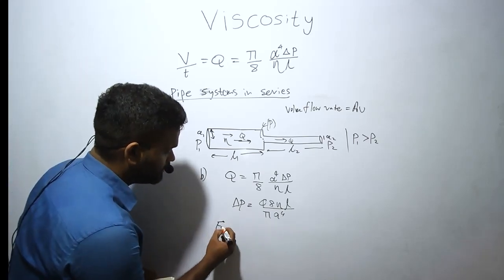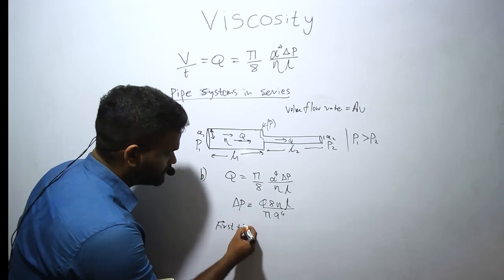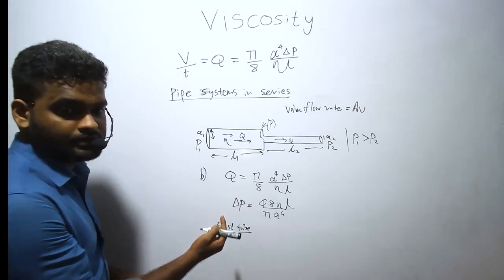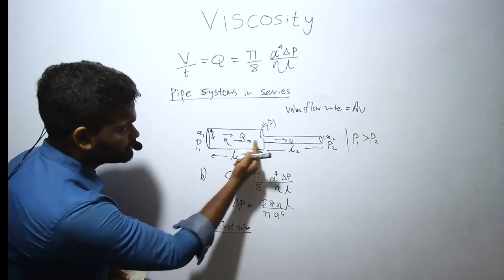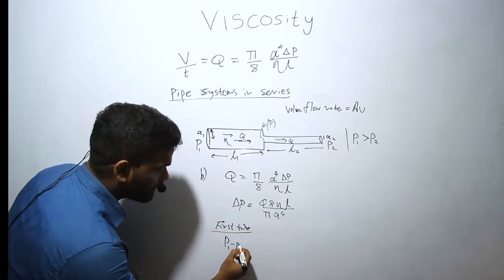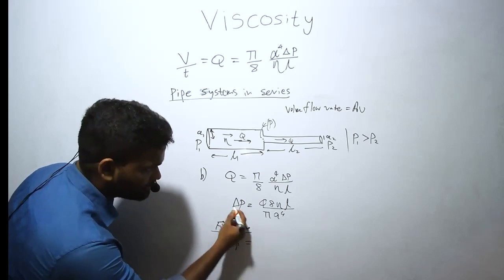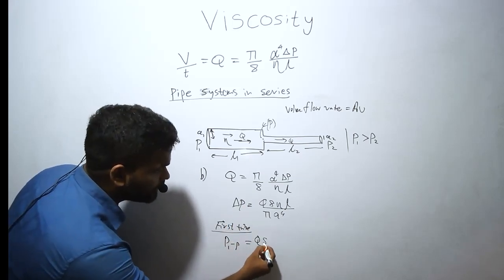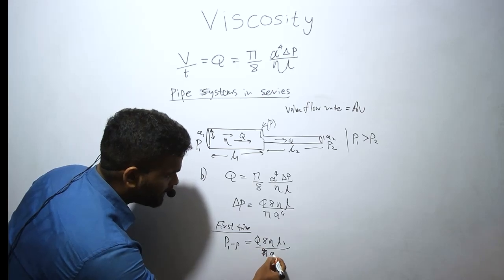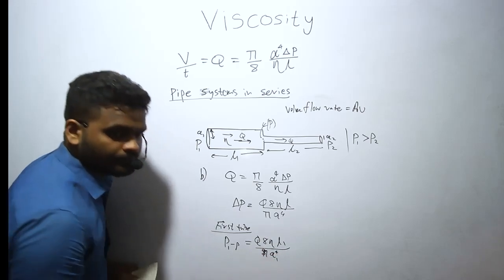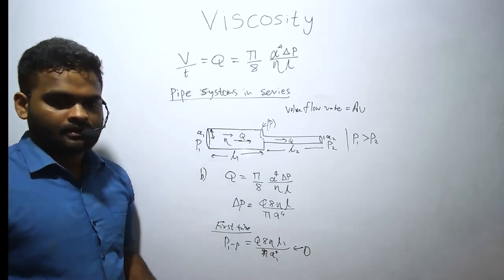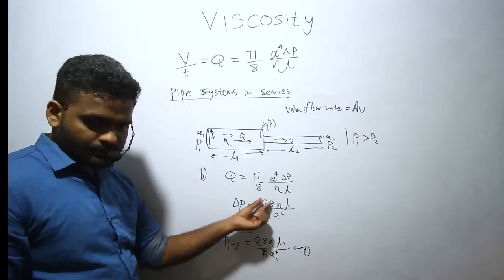Then for the first tube, just apply this. Delta P for the first tube is P1 minus P, that is the pressure difference, equals Q 8 eta L1 divided by pi A1 to the power 4. This is the first equation. You just substitute values into this equation.